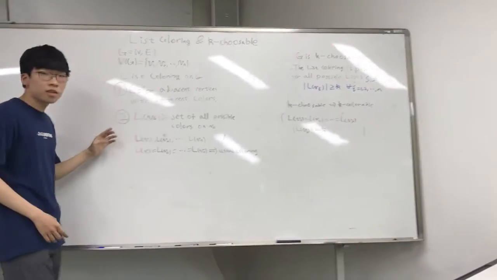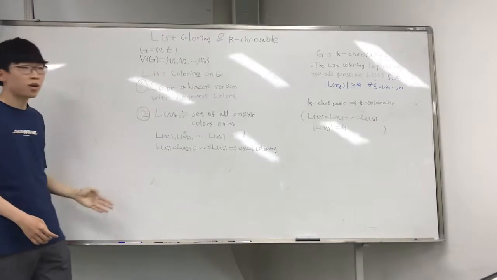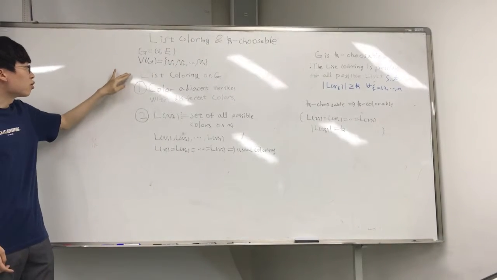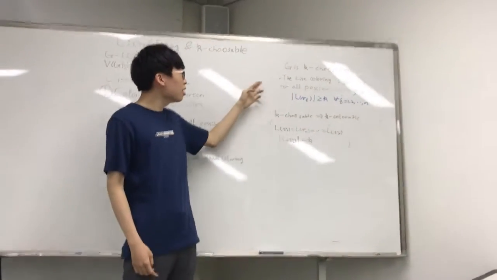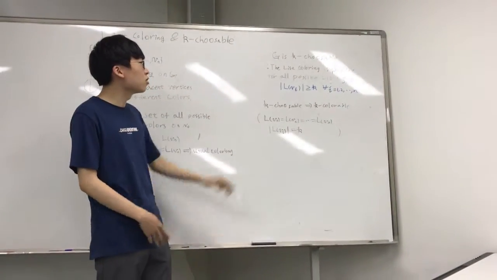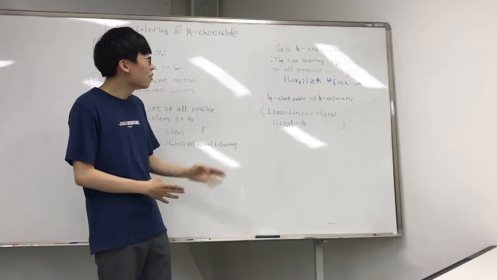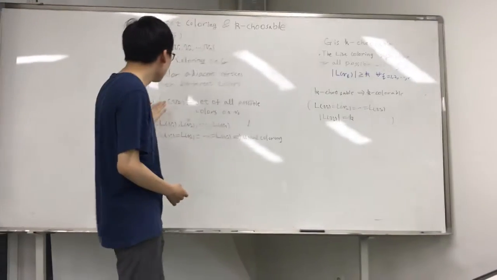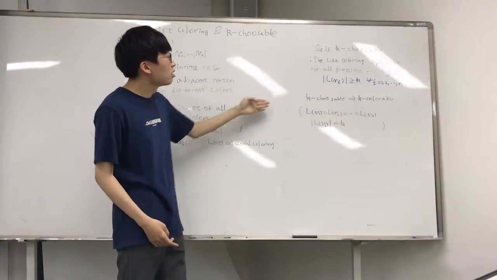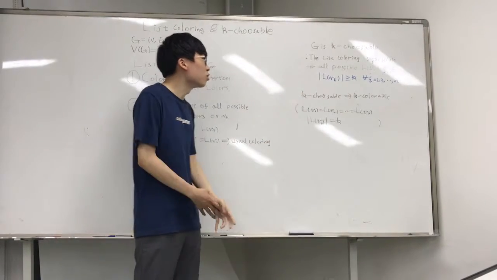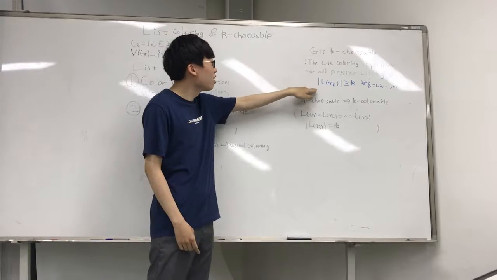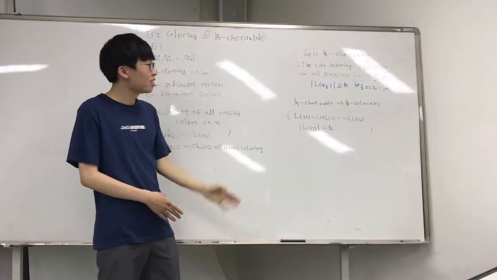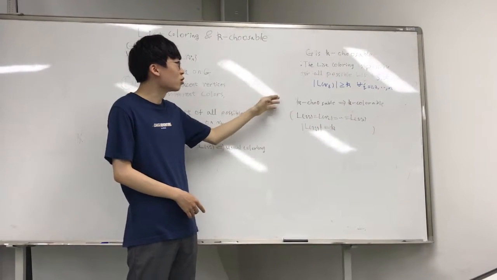Now we can define k-choosability from list coloring. We say G is k-choosable if the list coloring is possible for all possible lists L(vi) for i equal to 1 to n, where the cardinality of L(vi) is bigger than or equal to k.